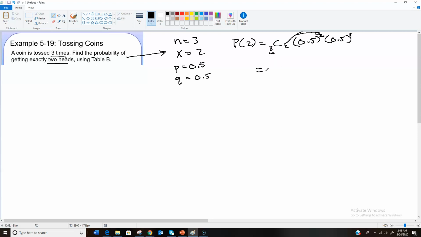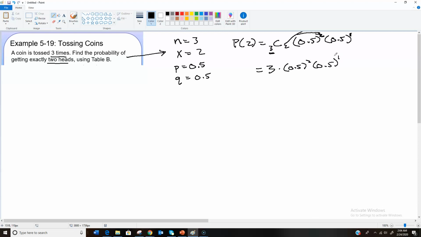So if you multiply that out, 3 choose 2 is actually only 3. And then we're going to multiply that times, again, 0.5 squared times 0.5 to the first.